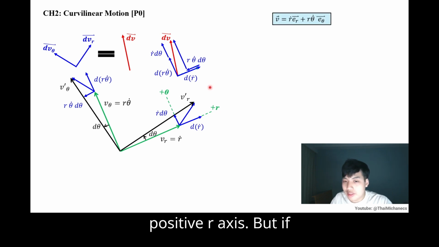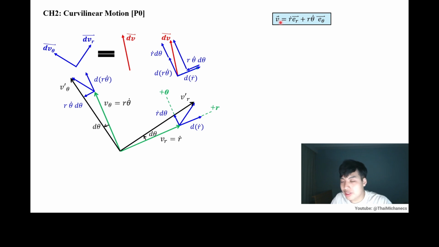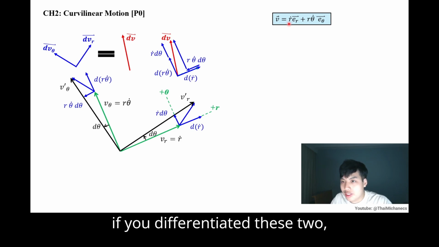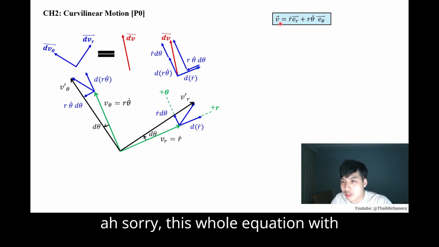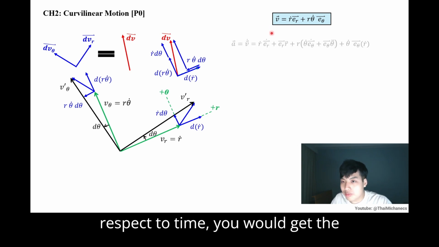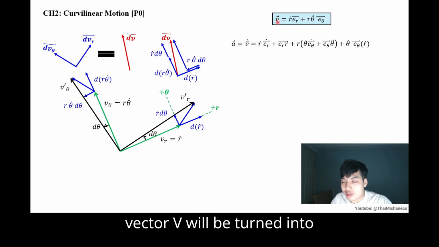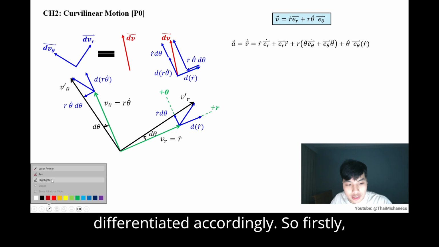But if we look at the fundamental velocity vector expression, and differentiate this whole equation with respect to time, you will get the acceleration vector, right? The vector v will turn into v dot, and then this term will be differentiated accordingly.